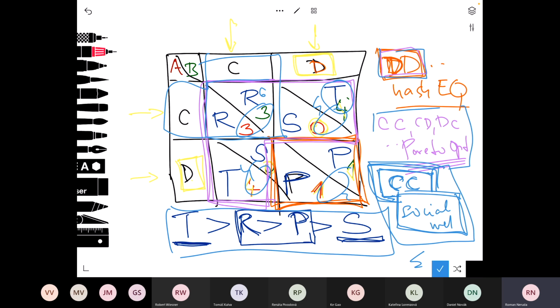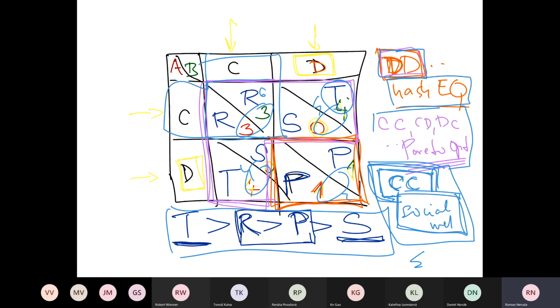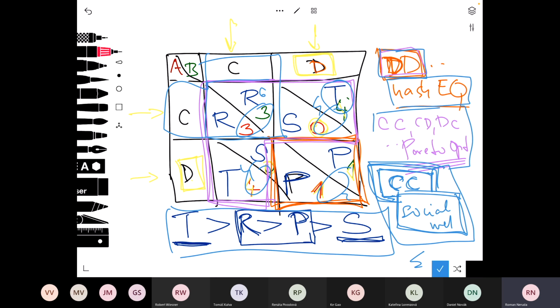That's, I think, interesting, Robert, and I hope that now you understand that the definition of Nash equilibrium is more about playing safe against all possibilities. The Pareto and social welfare is like trying to optimize the outcome if possible.